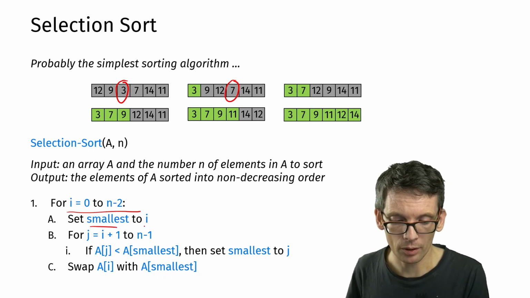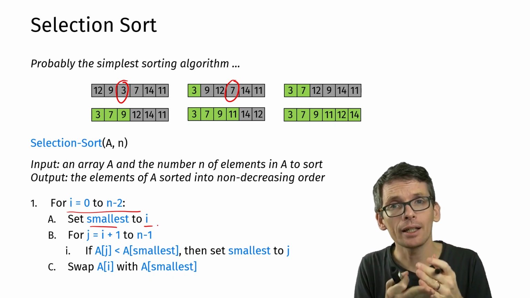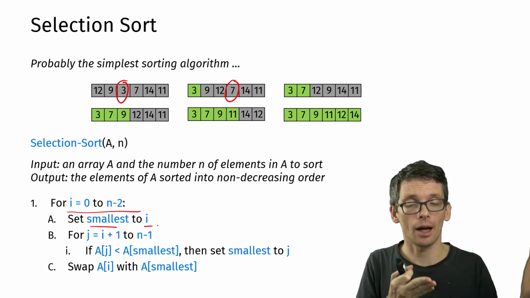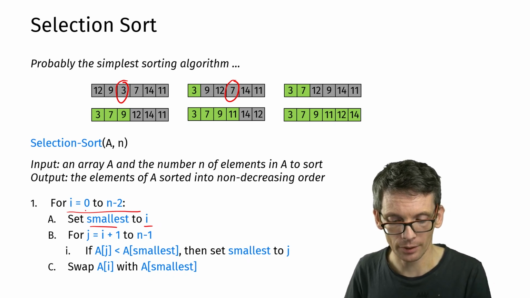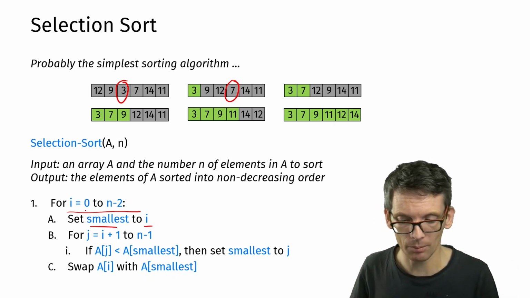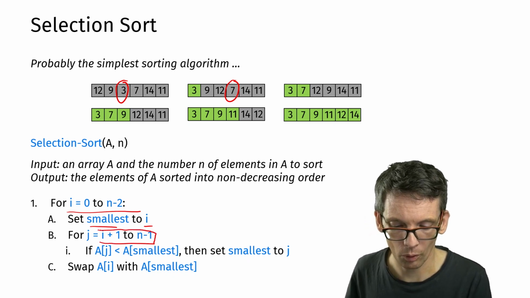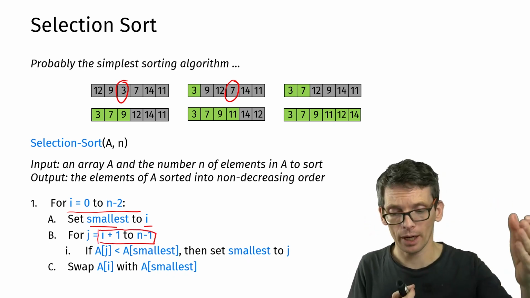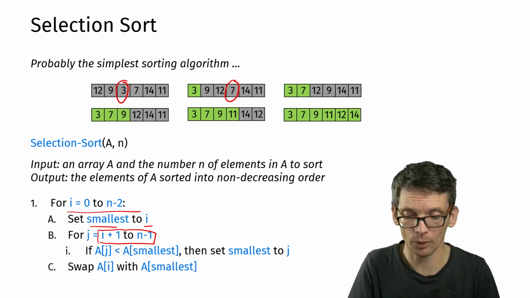We set smallest to i, so we want to find the index of the smallest number, and initially we set that simply to i, the smallest remaining number. Then we have a loop over all numbers with higher index, so starting at i plus 1 and going up to n minus 1, so going up to the end.